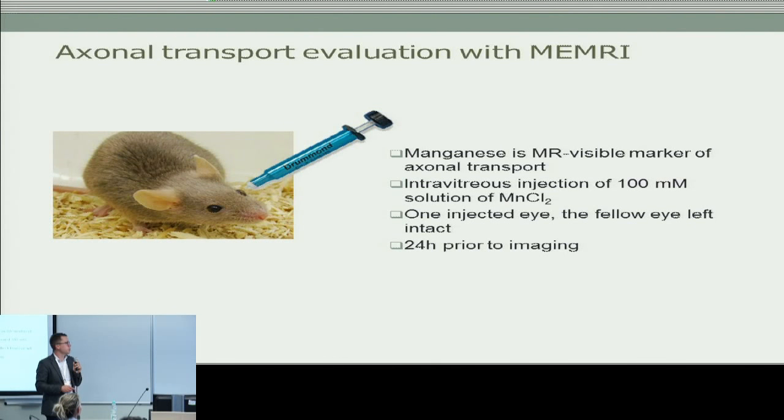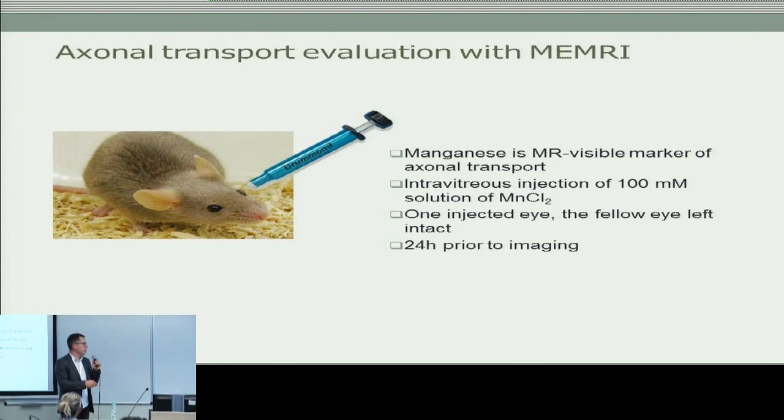This stands for manganese enhanced magnetic resonance imaging, and its principle is relatively simple. Manganese is MR visible. It acts as a contrast agent, and it's also transported along the axons. So it could be an MR visible marker of axonal transport.